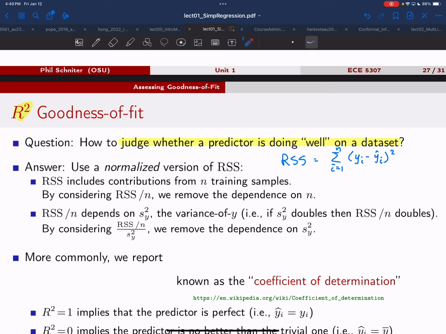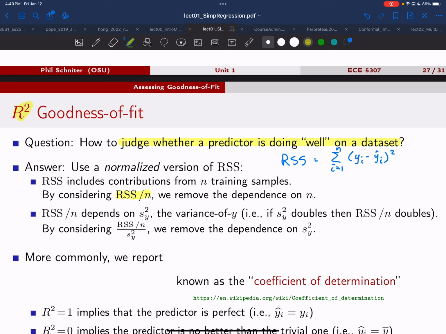It doubles, right? So that's a little bit inconvenient in terms of RSS being interpretable, because if someone says my RSS is 10, well, you might ask, how big was your data set? Is that a lot or a little? So in order to make it more interpretable, it might make sense to actually divide RSS by n. So now you take out the scaling by the number of samples in your data set.